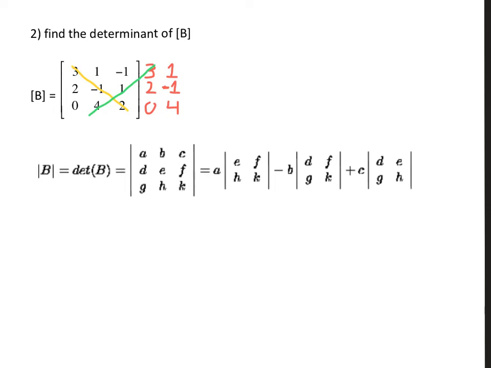And then multiply EK and FH. And then just distribute a 3 to both of those things. So it's the exact same math.